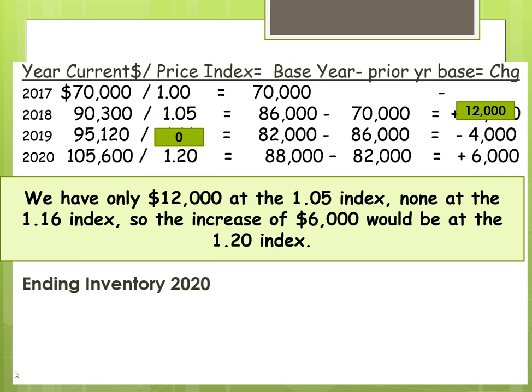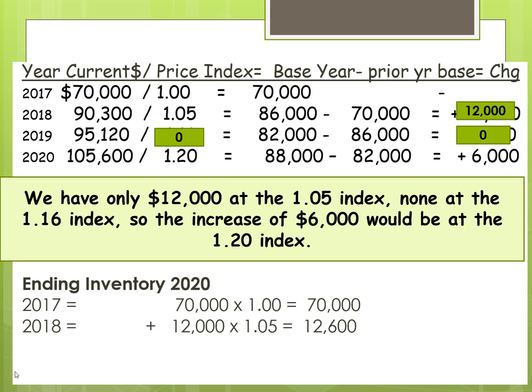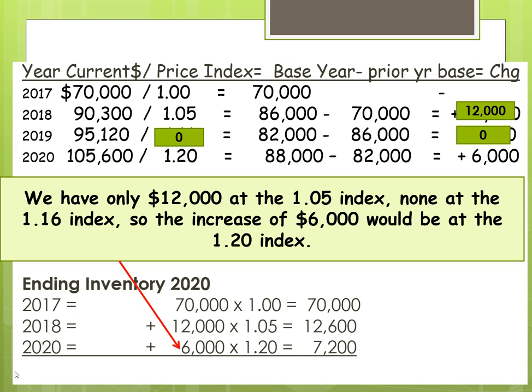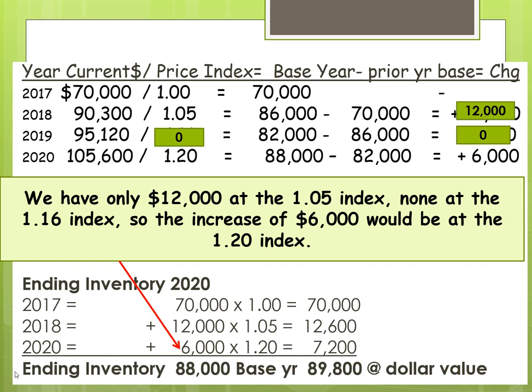So we take 2017 at 70 and 12 at 1.05 and 6 at 1.2. And that gives us an ending inventory at dollar value LIFO of $89,800.